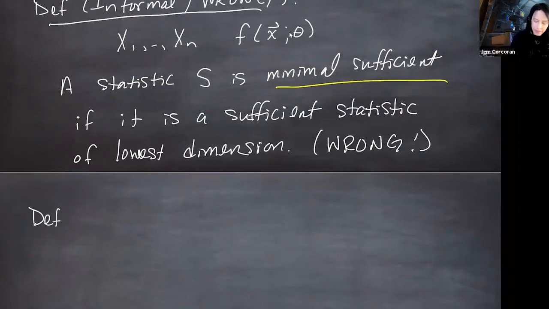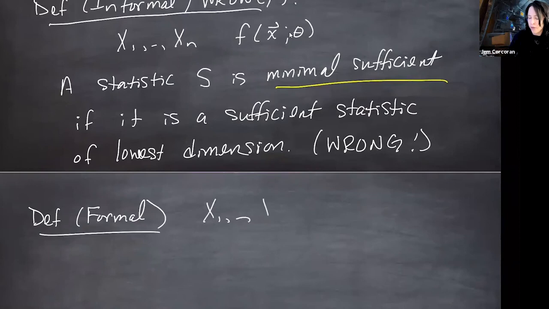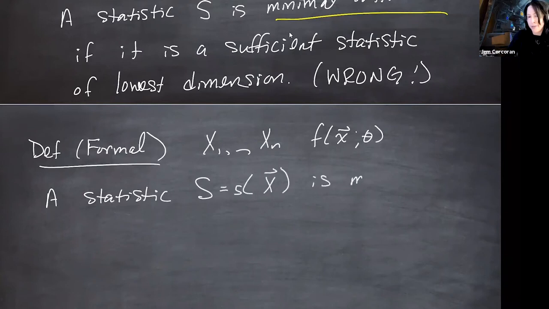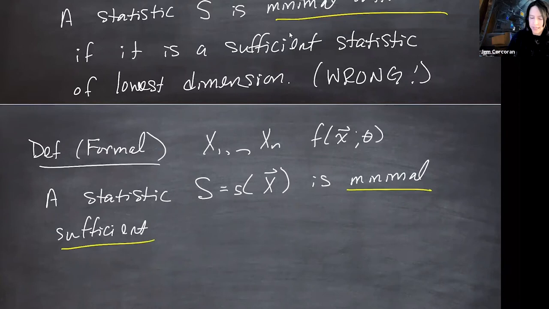The formal definition: have the same setup, and X1 through Xn with some joint PDF. So a statistic S, this is some S of the vector X, is minimal sufficient if it is two things.